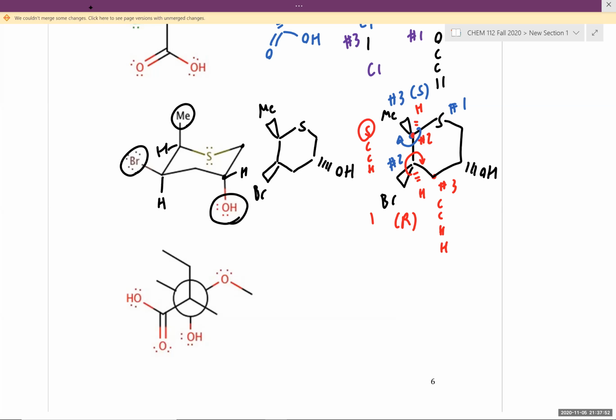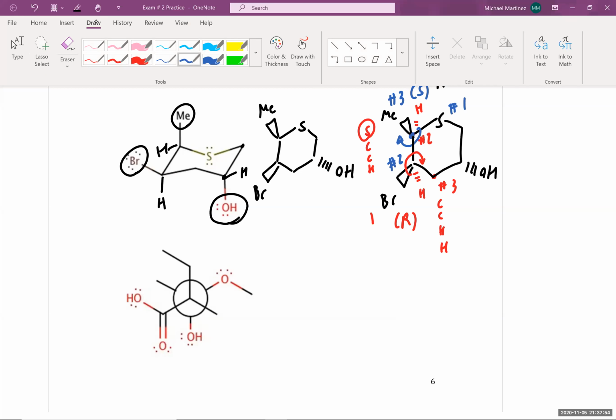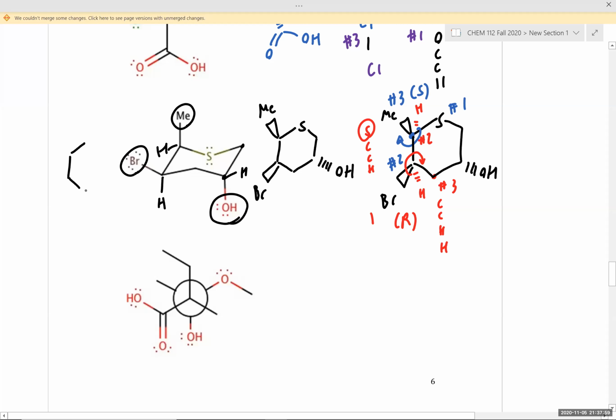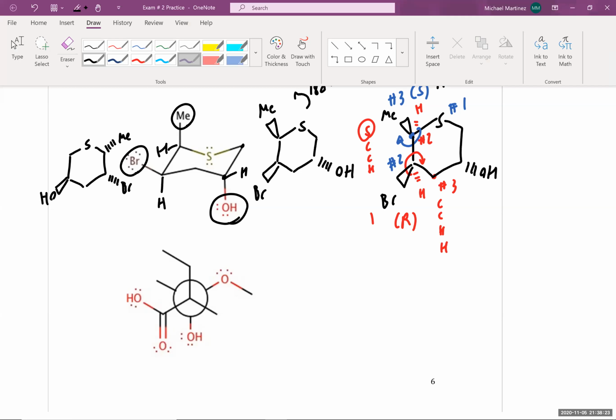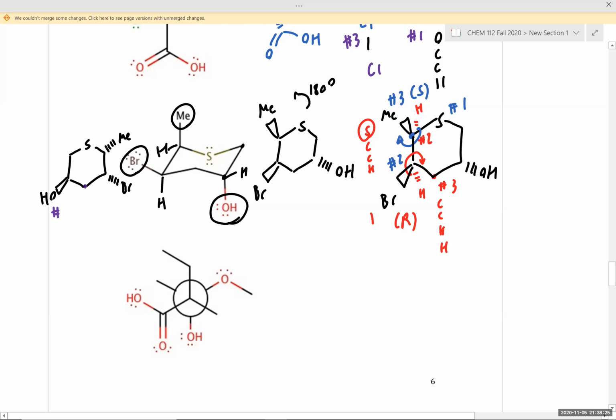Okay, now to handle the alcohol stereocenter, all we're going to do is rotate our molecule 180 degrees, and that gives us the following tentative structure. Now that we have that set up with our hydrogen in the back, our alcohol's priority 1.